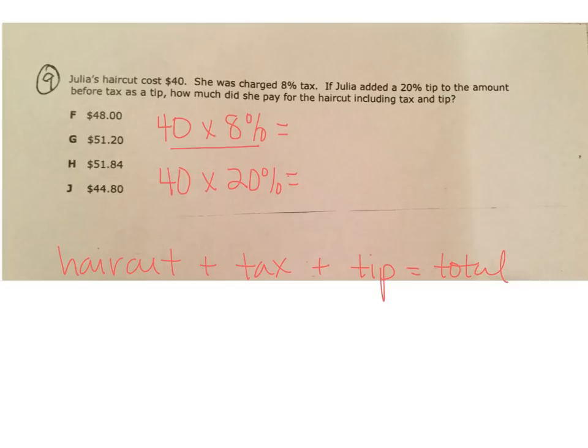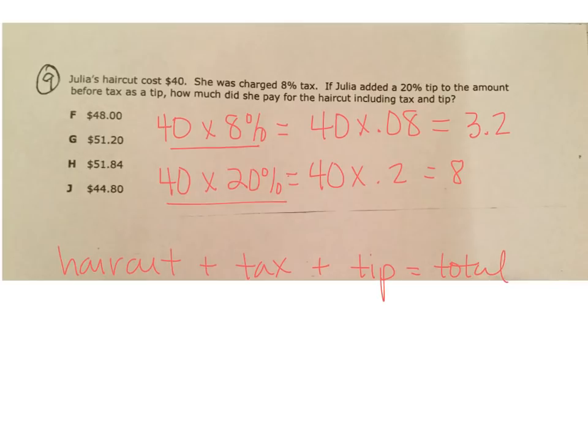Okay, so this right here converts to 40 times 0.08, okay? Which is, when you multiply, it's 3.2. Then this one is 40 times 0.2, which equals 8.